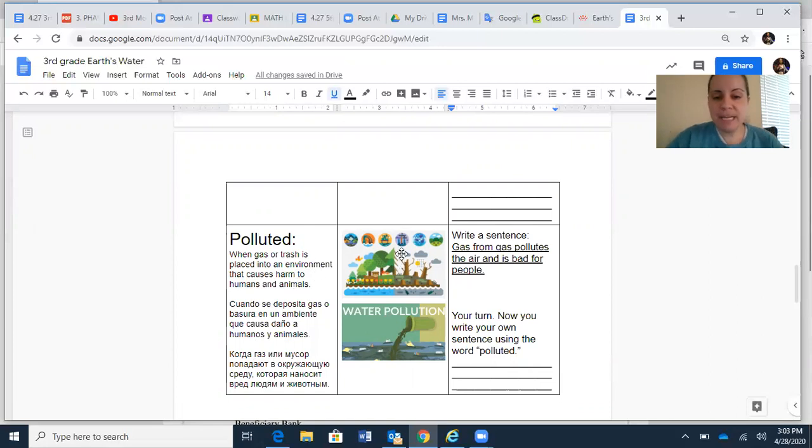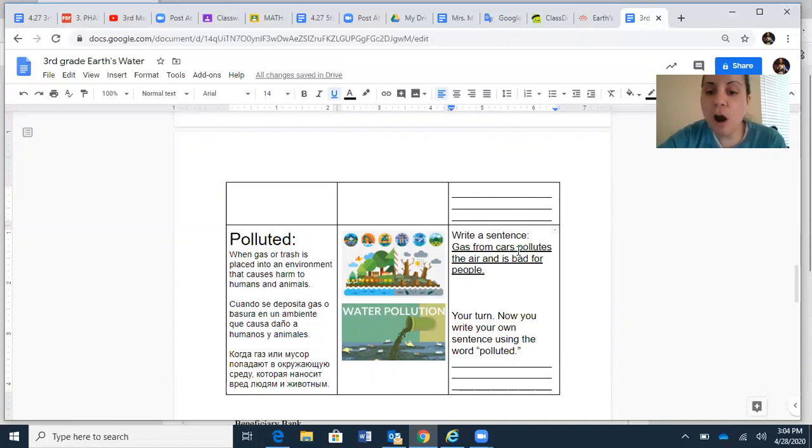So here's my picture. This side is a nice, healthy environment. This side is where you can see all the pollution and what it's done. Here's an example of water pollution. All this dirty stuff being poured out into the ocean. Ugh. Here's my sentence. Let me hold on. Let me change this. I should say cars.